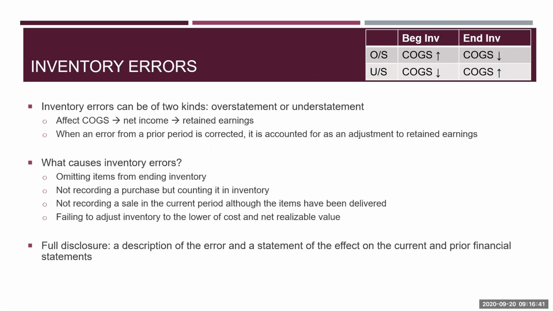One last thing we have to discuss here, my friends, is your inventory errors. Now, remember, on and off, we kept saying that your inventory affects two accounts. One is your cost of goods sold, and the other is your inventory.